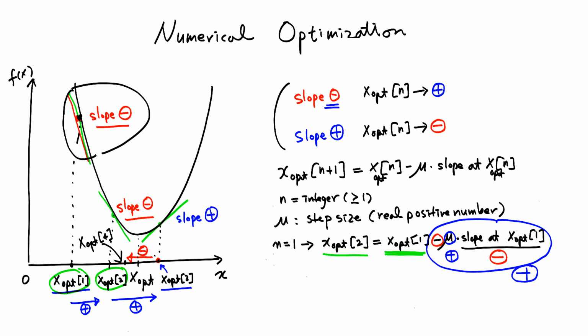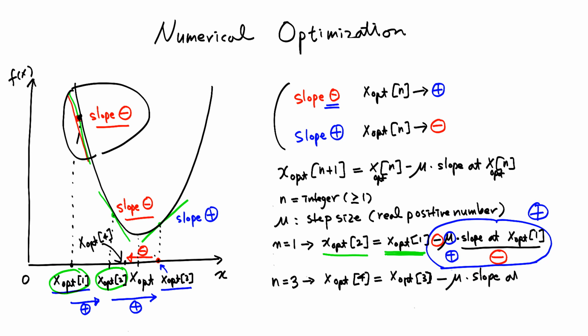How about if n is 3? So I'm skipping n equal to 2. If n is 3, then x opt of 4 is equal to x opt of 3 minus mu times the slope at x opt of 3. And the slope is positive. We have a positive value here.